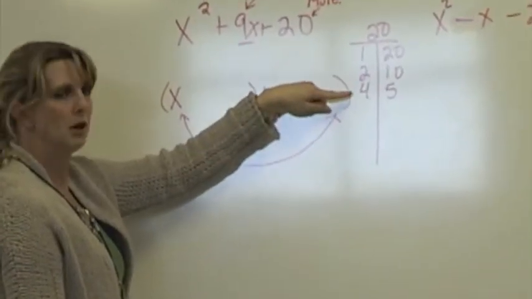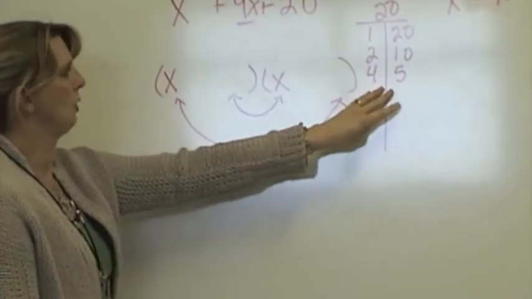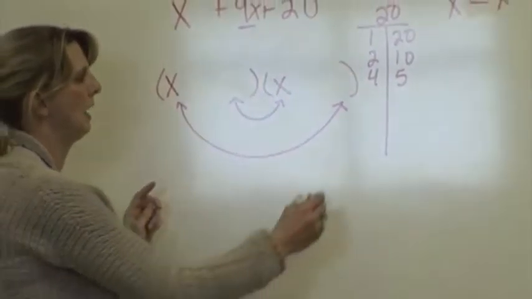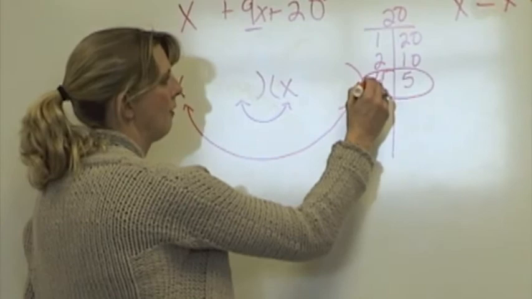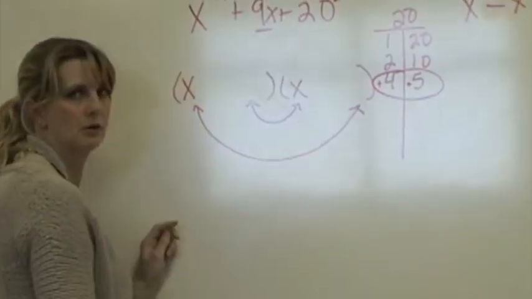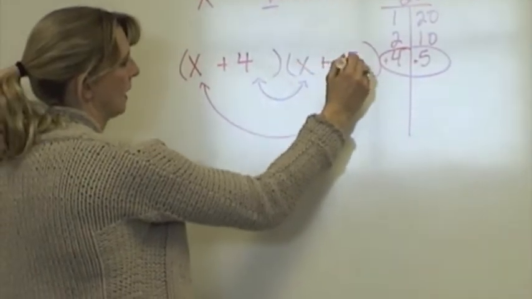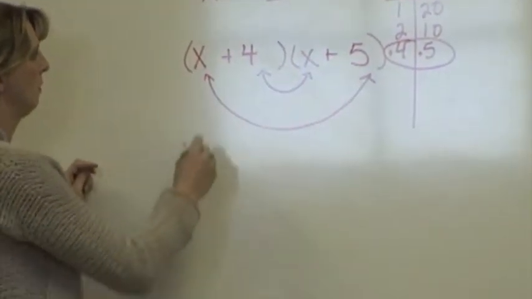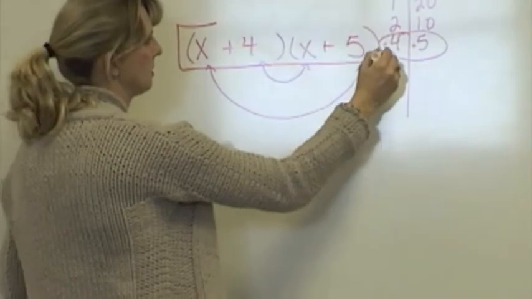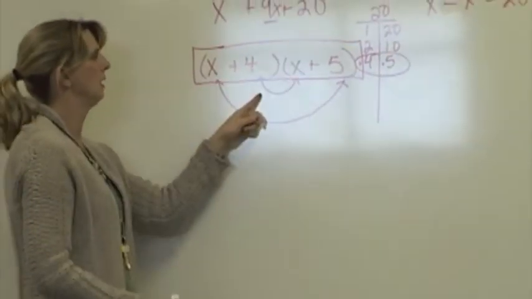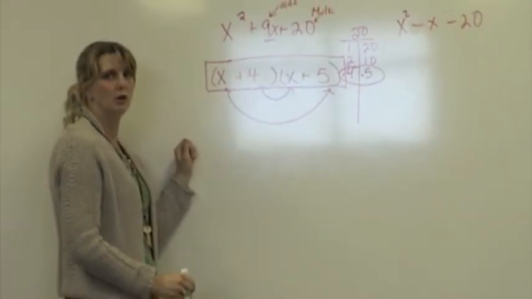In these 3 possibilities, the 2 that multiply to be 20 but add to be 9 are 4 and 5, both being positive numbers. So I place those here and here. So these are the 2 binomials that multiply to be this trinomial.